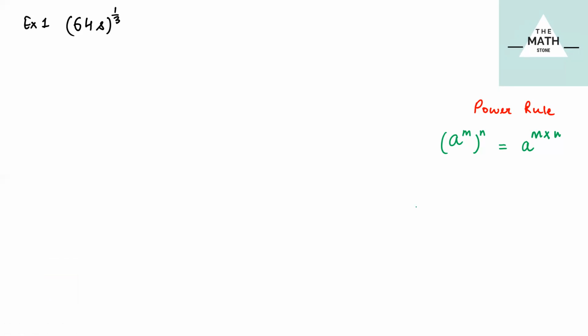This is the identity: if you have a times b raised to exponent q, then this is equal to a raised to q and b raised to q. So let's try this problem.